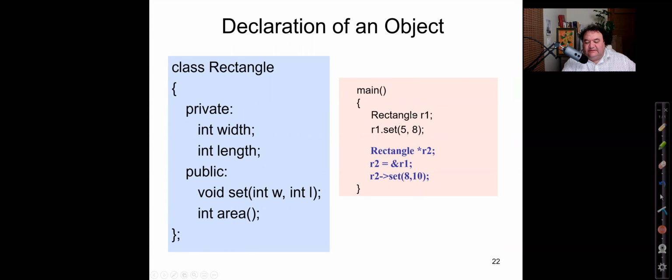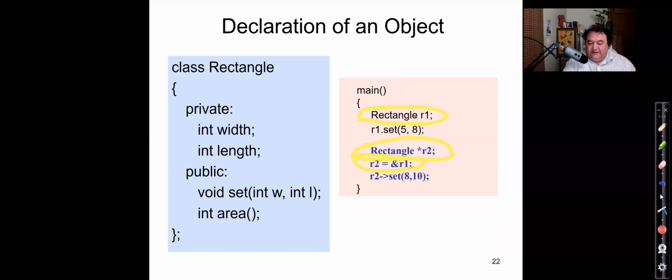Here is a second case with two rectangles, one of which is allocated statically as a variable, and the other is declaring a pointer to a rectangle, and then assigning a reference to the first.